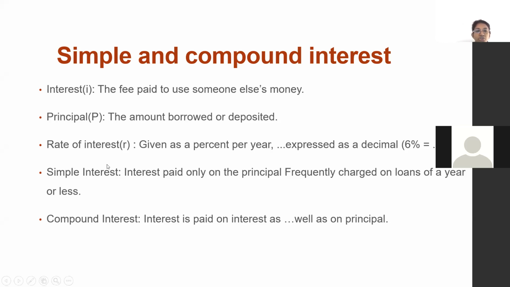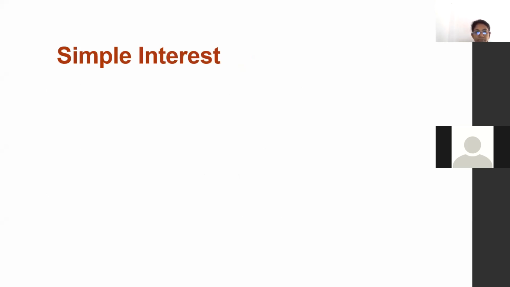In simple interest, it's only paid for the time period, and it's not going to add the interest. Whereas in compound interest, we charge interest on interest, so it's accumulative.